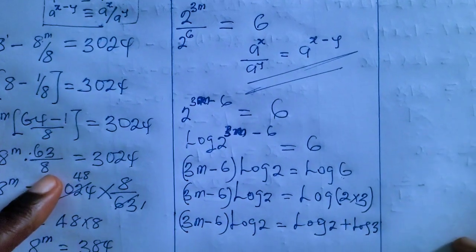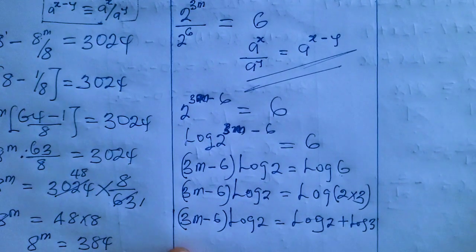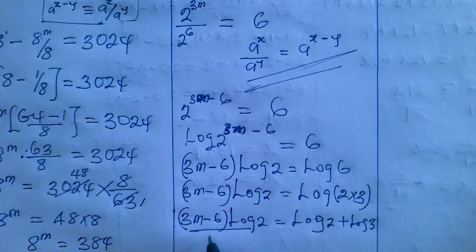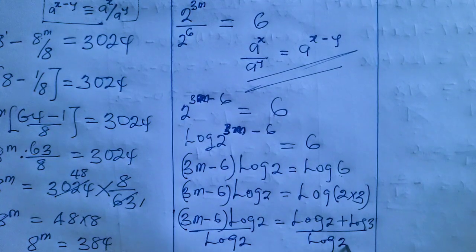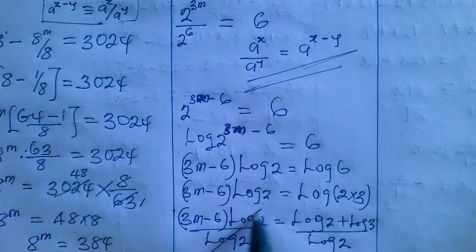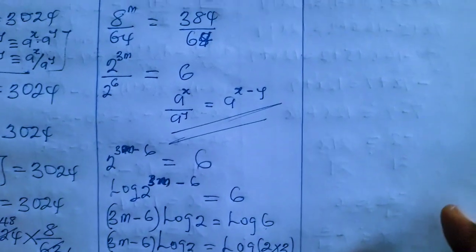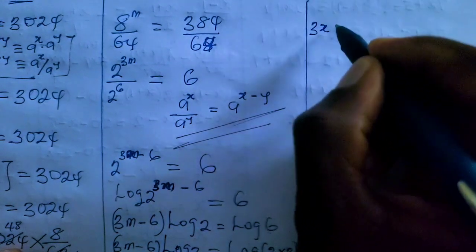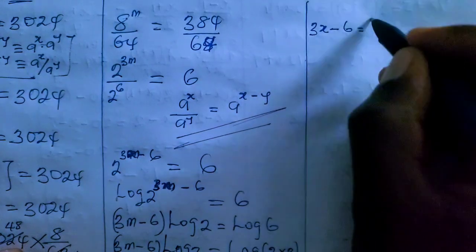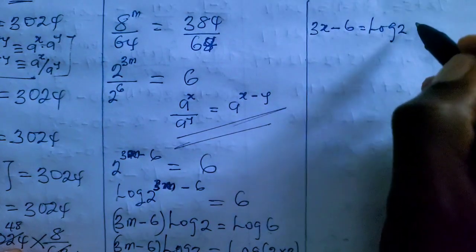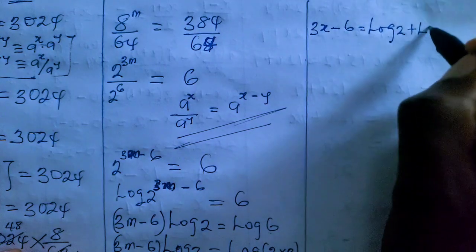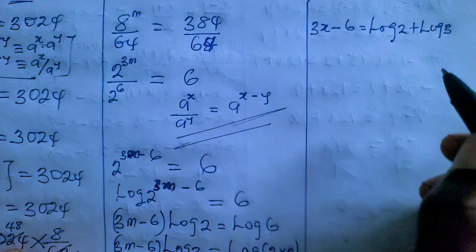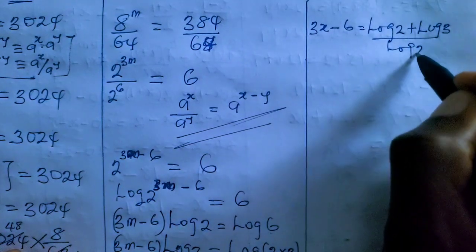Now, I'm going to divide both sides of the equation by log 2, and log 2 will eliminate log 2, and the equation becomes 3m minus 6 equals log 2 plus log 3 all over log 2.